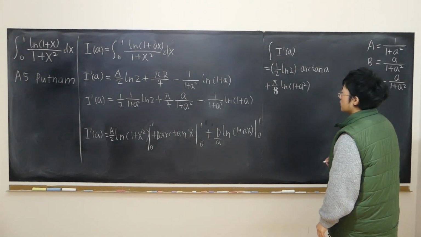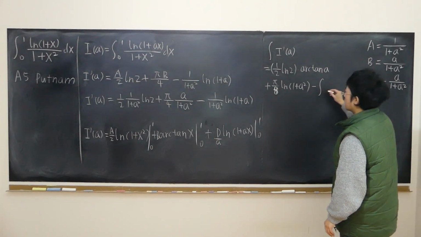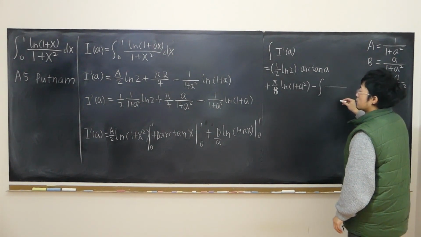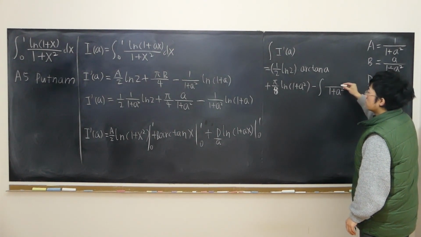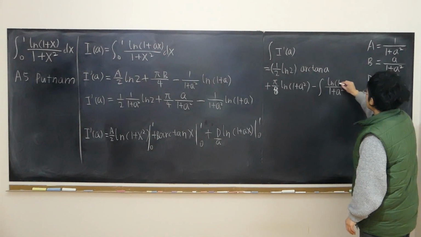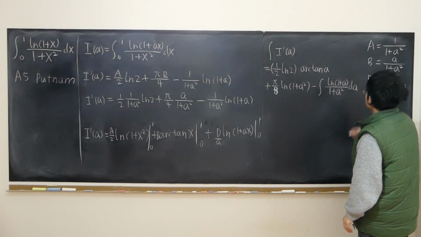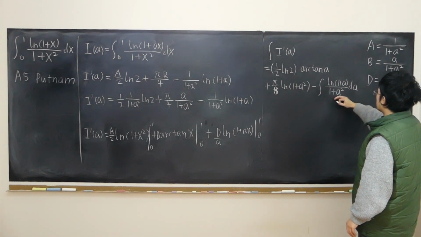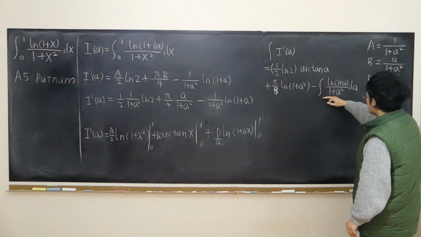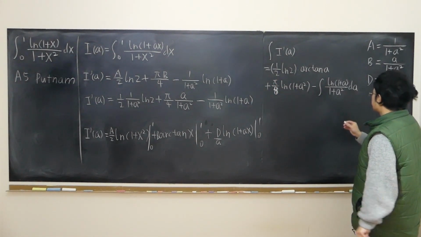All right, so we just say, okay, minus indefinite integral of 1 plus a squared log 1 plus a dA. Right? As long as the variables are consistent, then that is essentially the indefinite version of our definite integral.